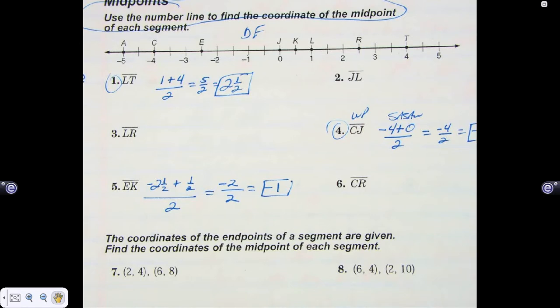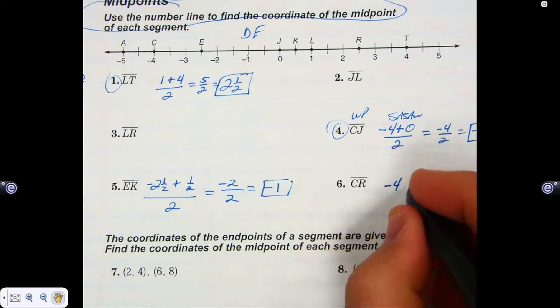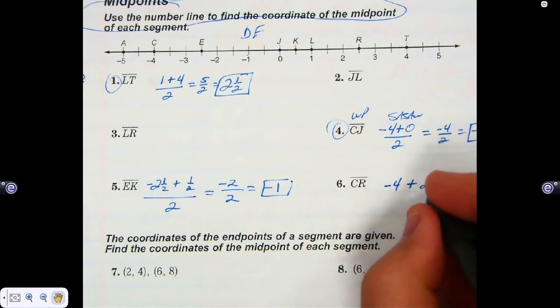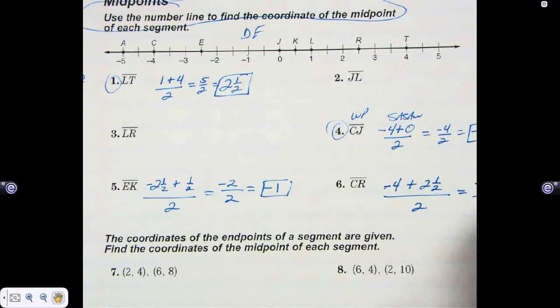CR. What is the coordinate of C? Negative 4. Plus, what is the coordinate of R? 2.5. Divided by 2. What are you going to get there? You're basically going to get negative 1 and a half, right? Isn't that negative 1 and a half divided by 2? We get negative 0.75.